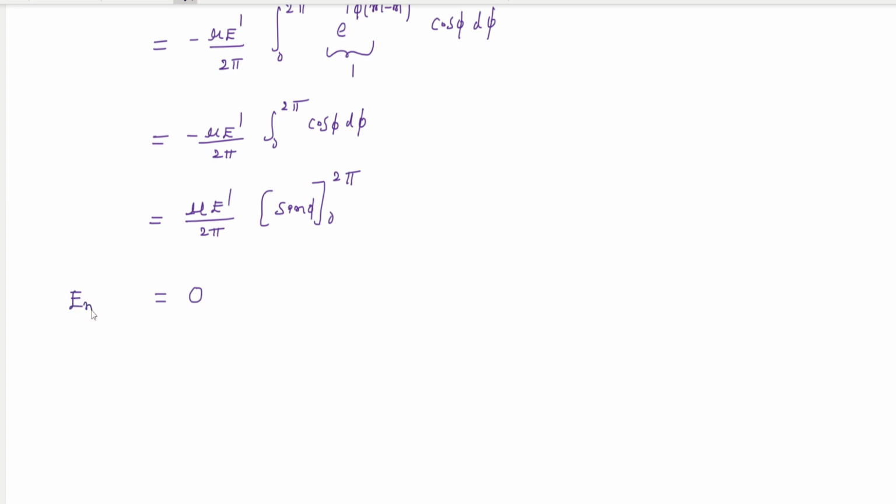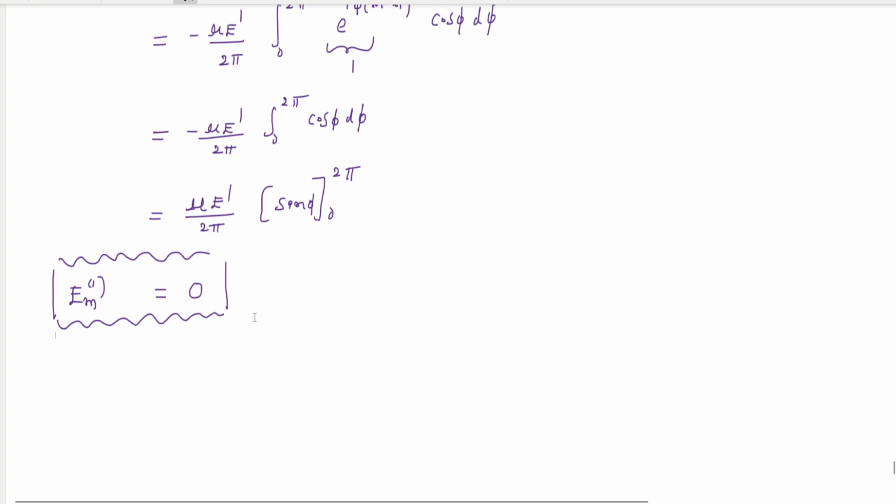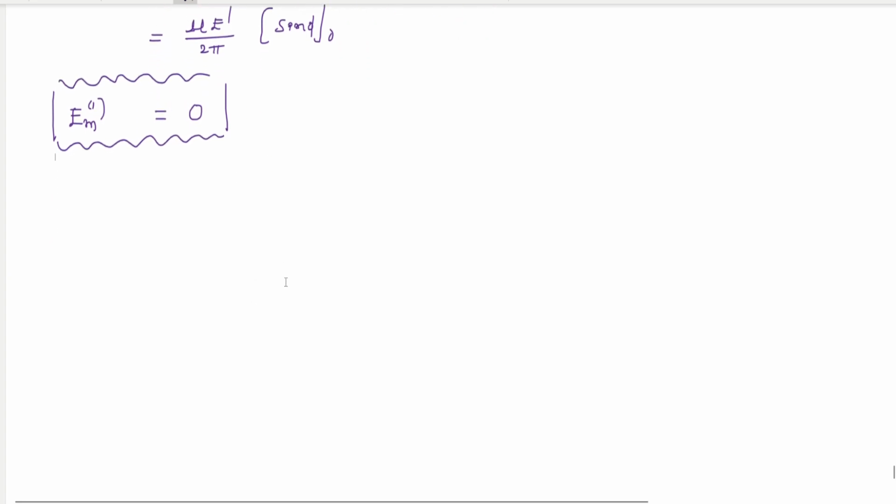E_m power 1: I got 0 here, which means there is no first order correction energy. So I need to go to the higher order terms. For that, next I'm going to use the second order correction.